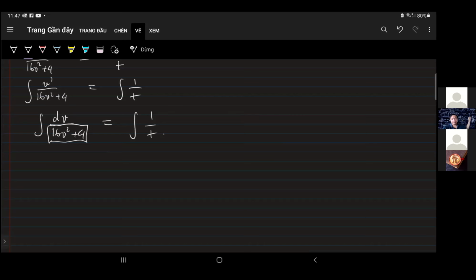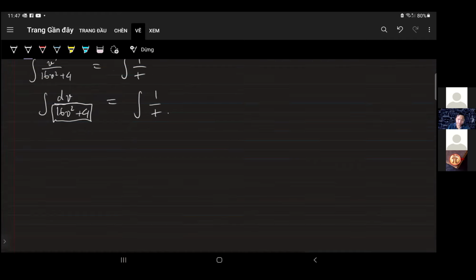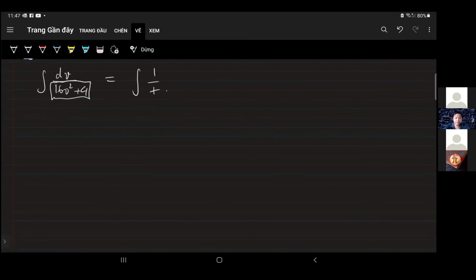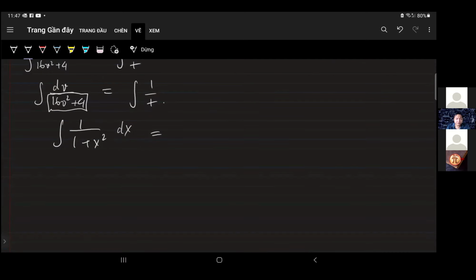Maybe I'll remind you, or maybe you know how to do it. Does anyone know the formula for this? What is the antiderivative of 1 over 1 plus x squared?